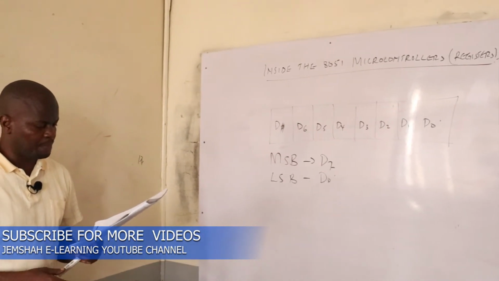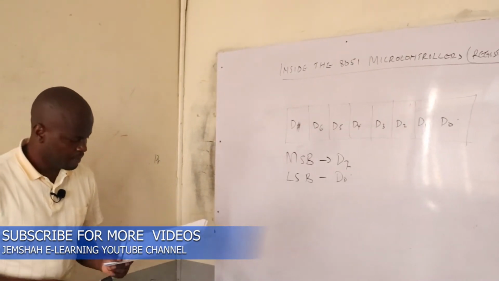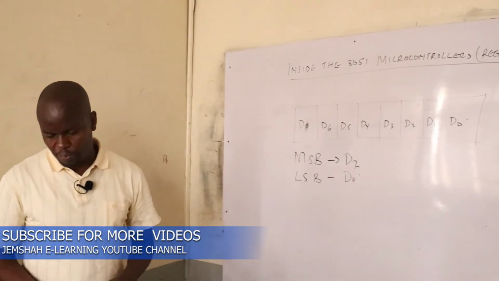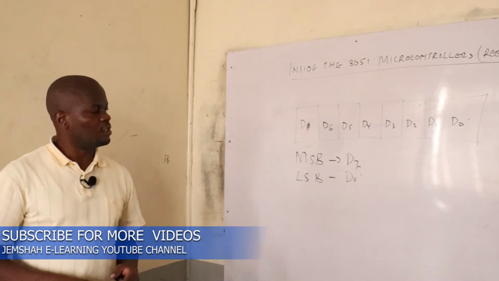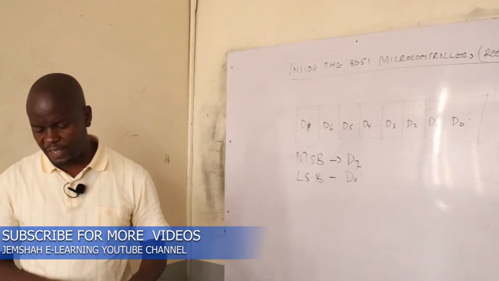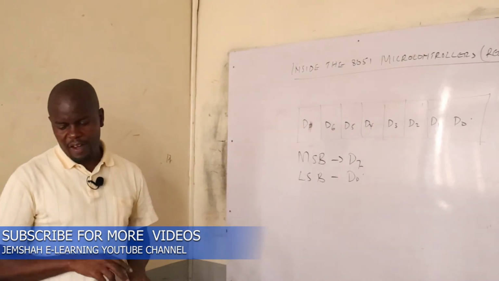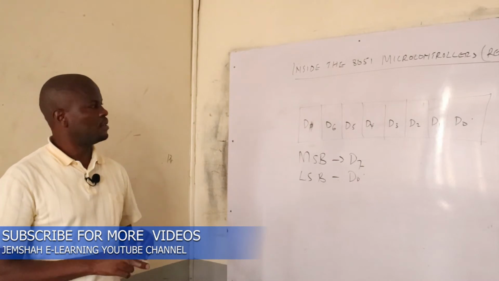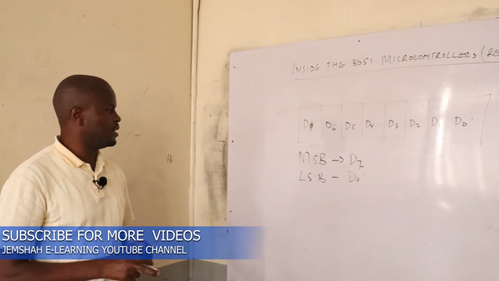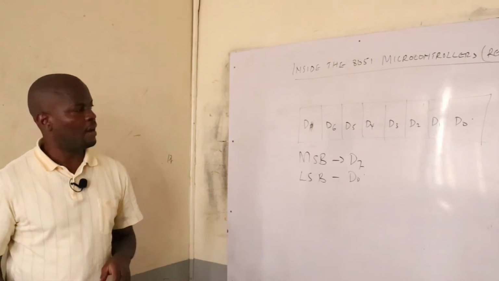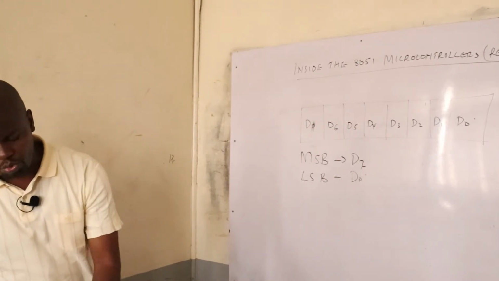With the 8-bit data type, any data that is larger than 8 bits will have to be subdivided or broken into 8-bit chunks before it is processed. We usually have a large number of registers in the 8051, but the most commonly used registers are the ones we are going to show.